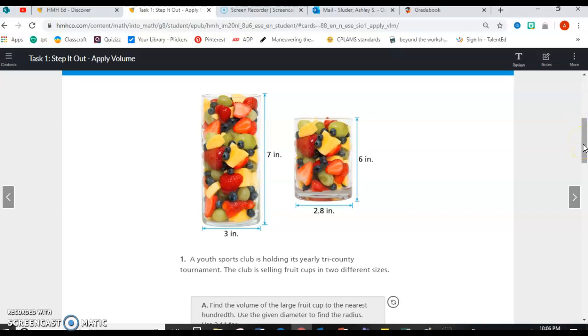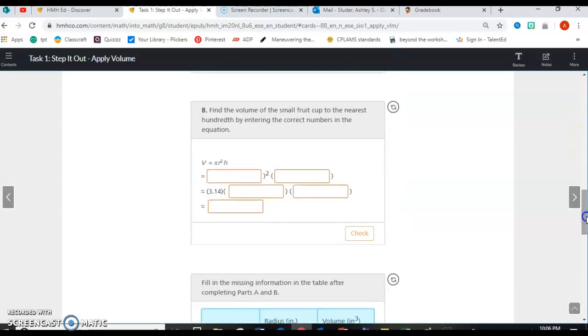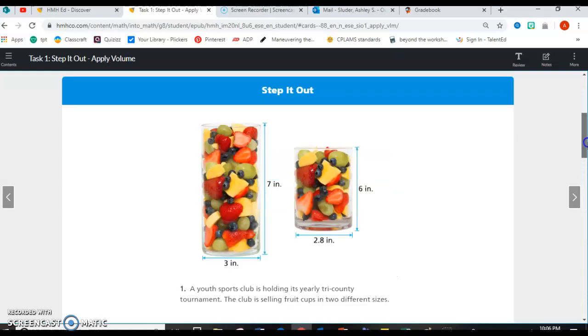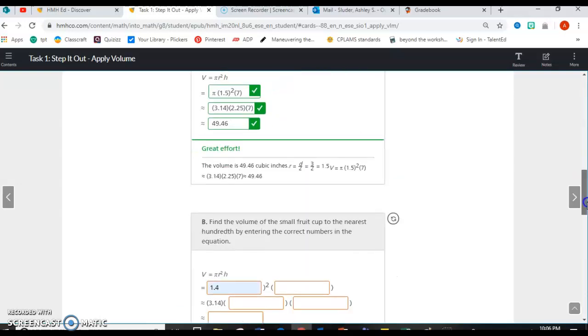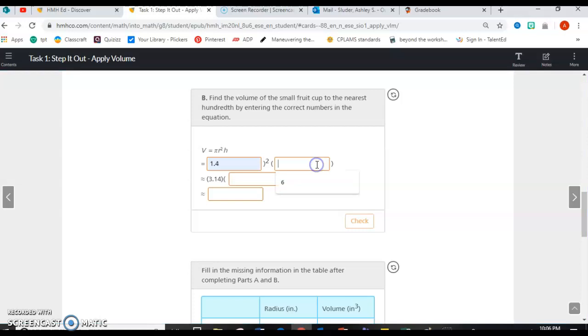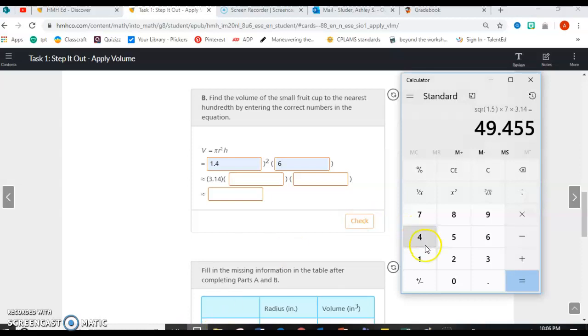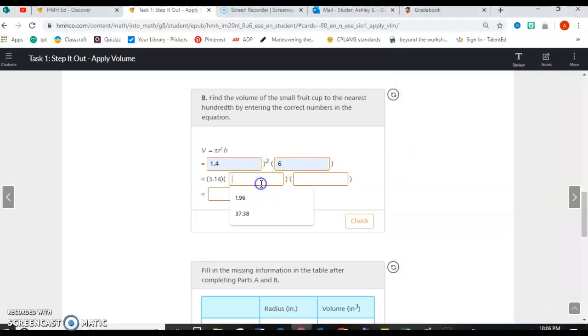If the diameter is 2.8, the radius is half of that, meaning my radius is going to be 1.4. 1.4 squared times the height, and the height of the small cylinder is 6. All right, calculator, because I need to know what is the radius squared. 1.4 times 1.4, or 1.4 squared, is 1.96.